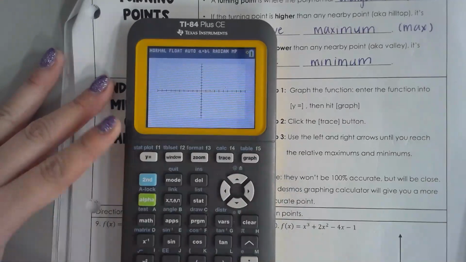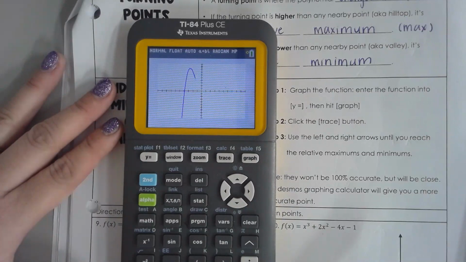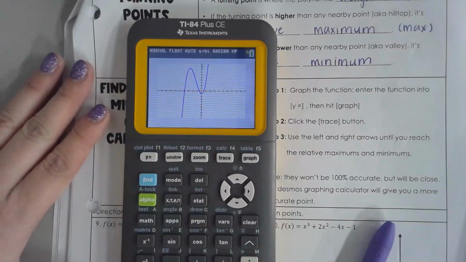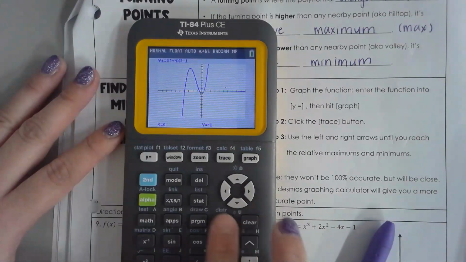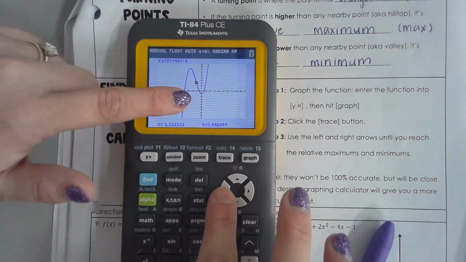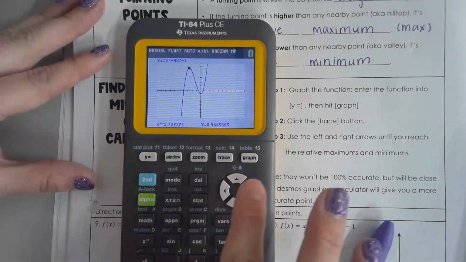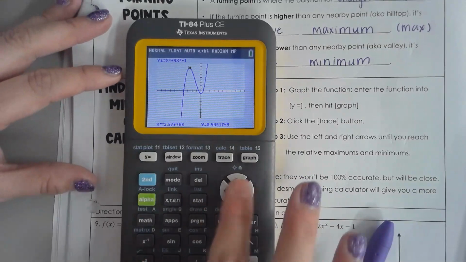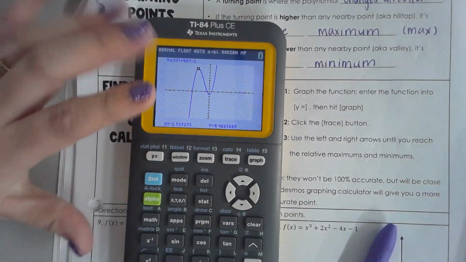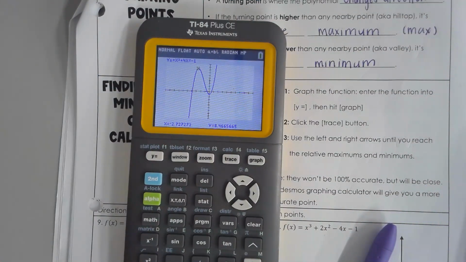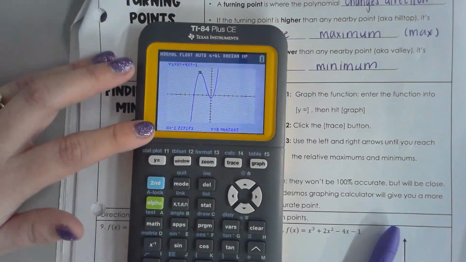I don't even know if this will show up. Okay, good. So if you hit the trace button, it'll put a little dot and you can trace the graph and get to these hilltops and valleys. The problem is that point isn't officially the exact point. It's close, but it might be rounded off.